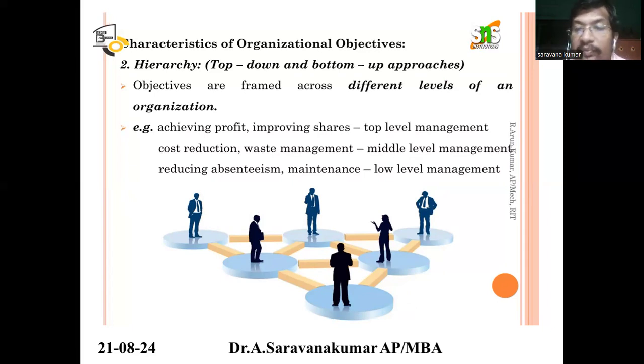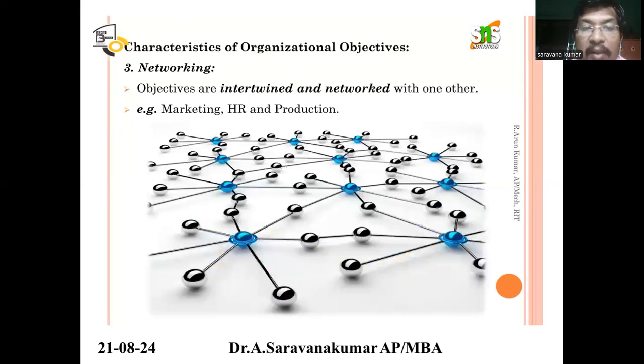Reducing the cost and reducing the waste, that is cost reduction and waste management, relate to middle level management. Reducing absenteeism, because if employees are absent the work will not be completed, relates to low level management. So these are the hierarchy, top-down and bottom-up approaches.